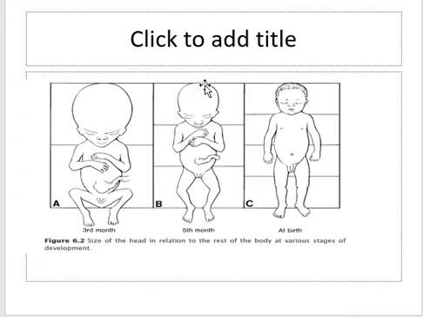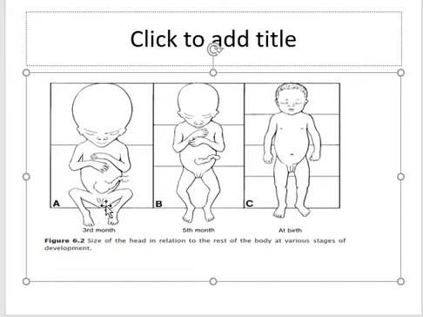Here you can see from the vertex of the skull to the heel of the foot, this is the crown heel length. This is the crown rump length, from vertex to the buttocks. Understand?